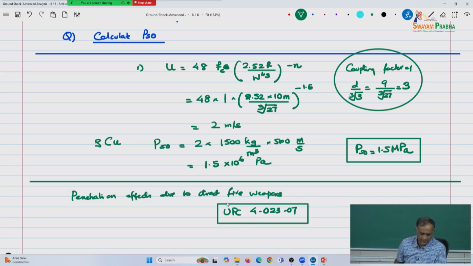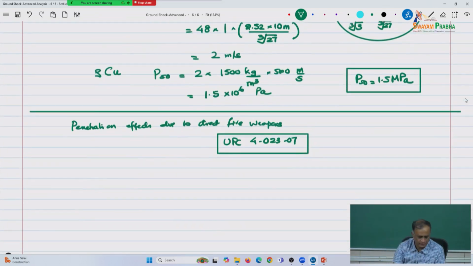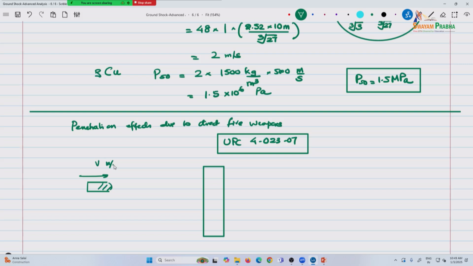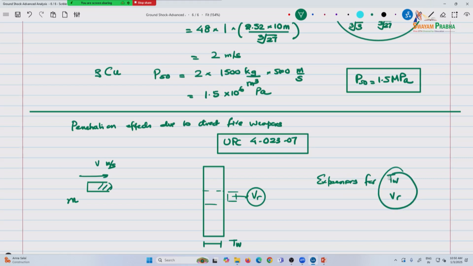You can calculate, for instance, you have the bullet coming in with a velocity and a mass m. You can calculate the thickness that is required, with expressions for TW and VR as it comes out. These are the two main things you would be interested in.